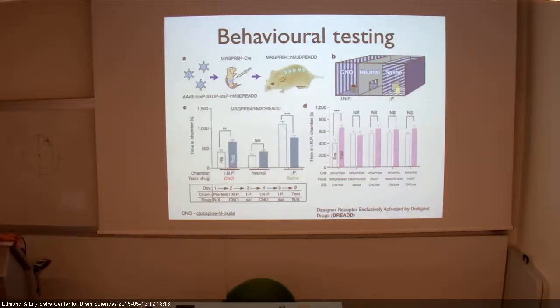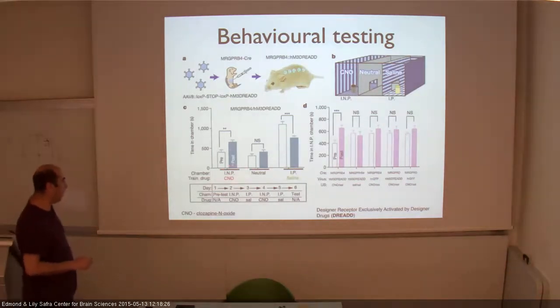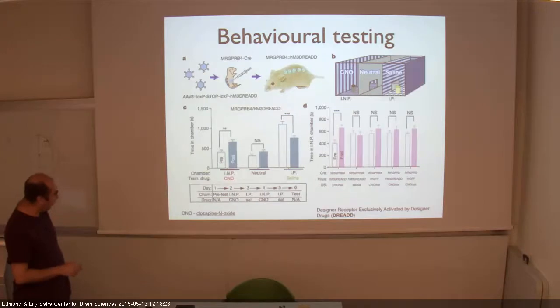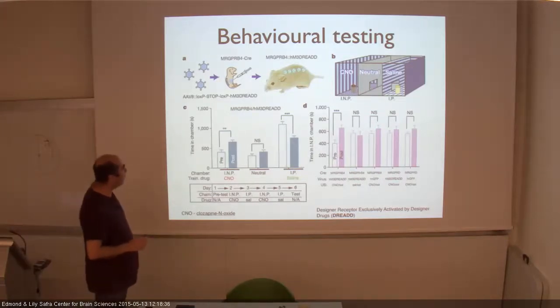Okay, so you see that the mice increase the time that they stay in the place where they initially didn't want to stay, and this kind of supports the assumption.